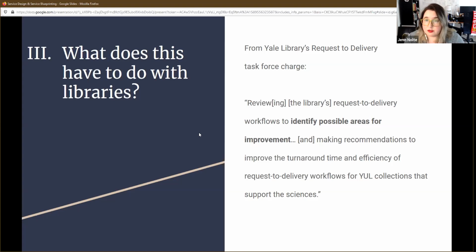It could uncover some hidden inefficiencies that maybe people didn't realize were there. It also helps to create greater appreciation across departments for the colleagues in other departments that are a part of the process.